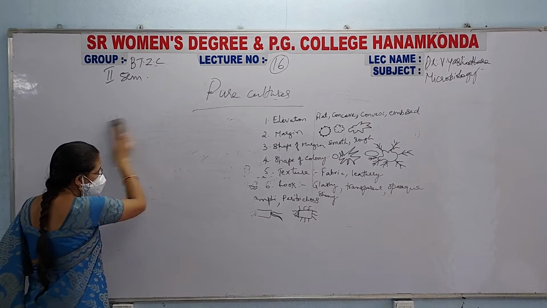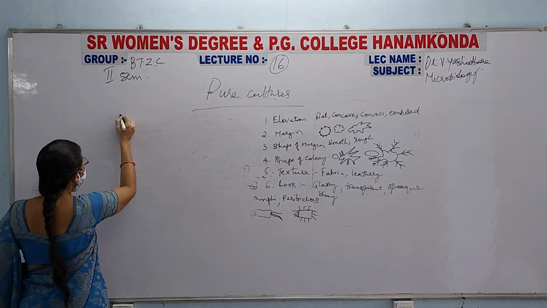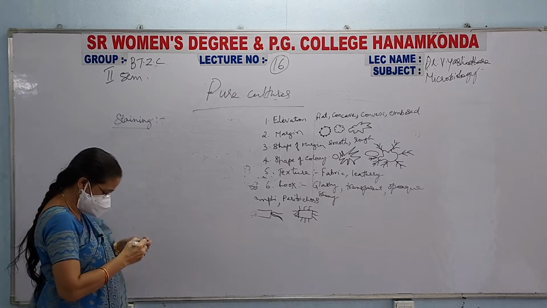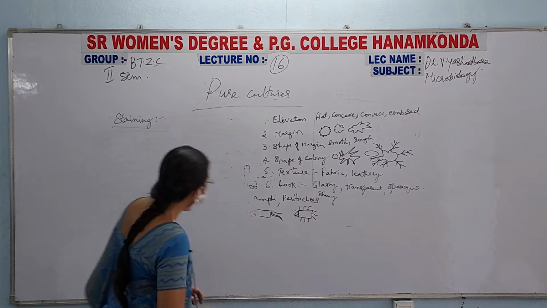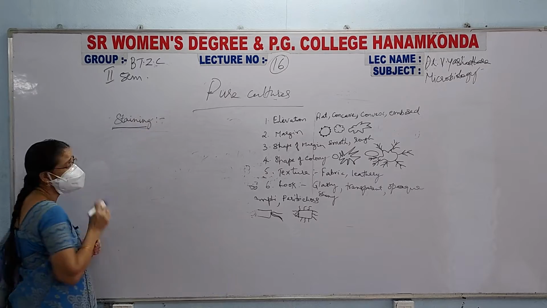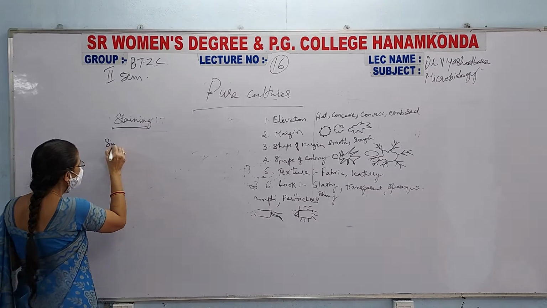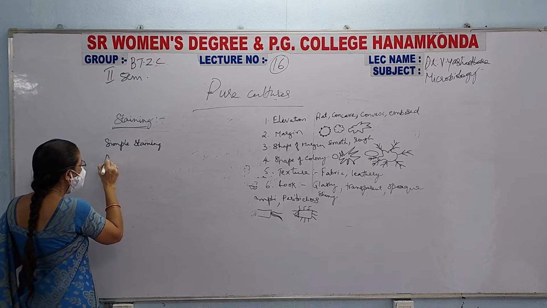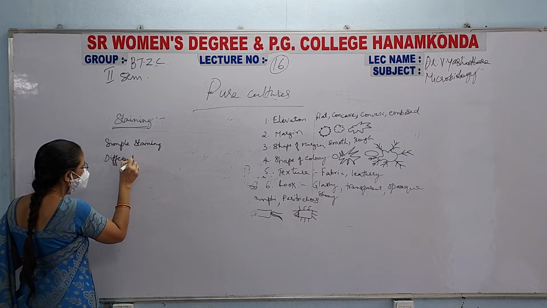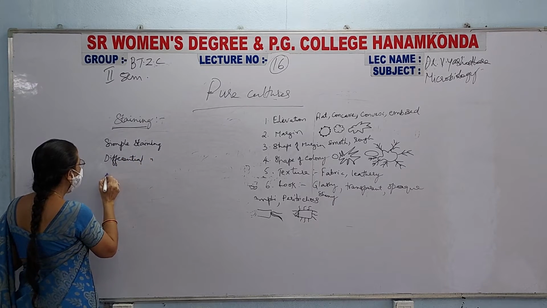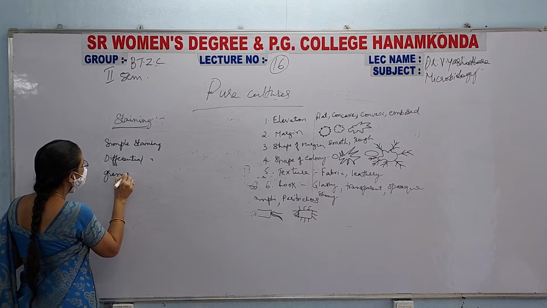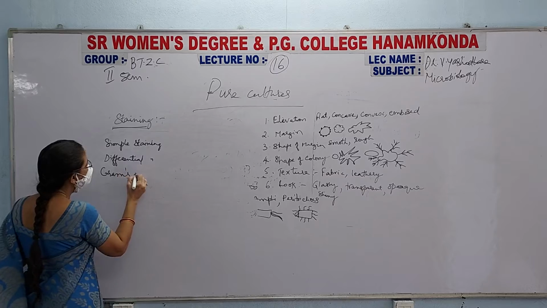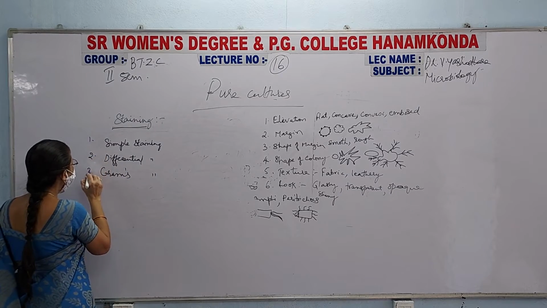When you are identifying bacteria with the help of staining, you can go for simple stain, differential stain, or next, Gram staining. These are the three methods of staining.